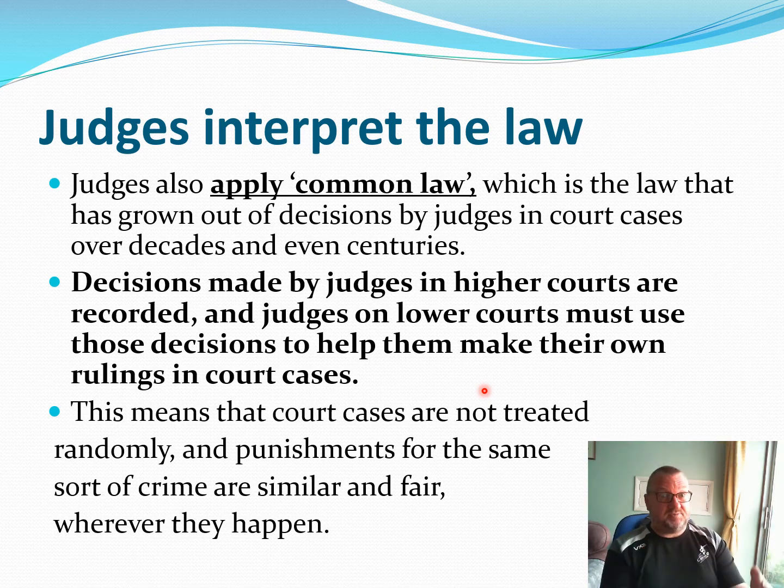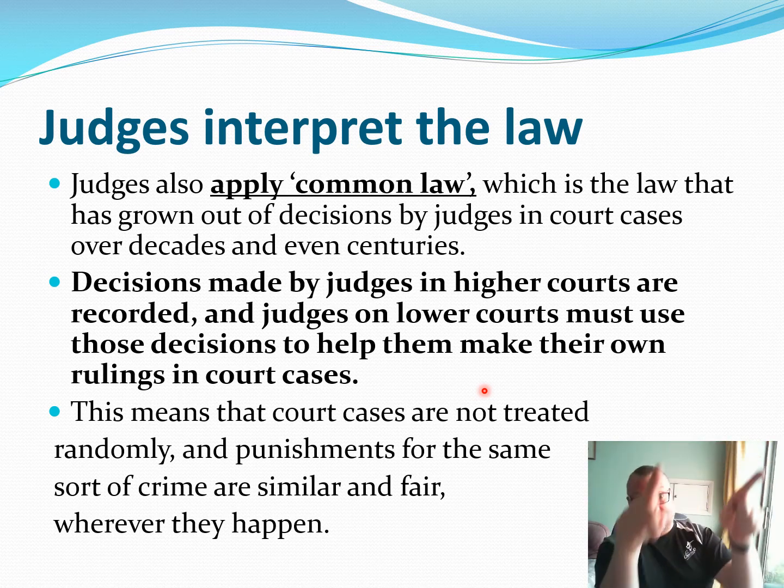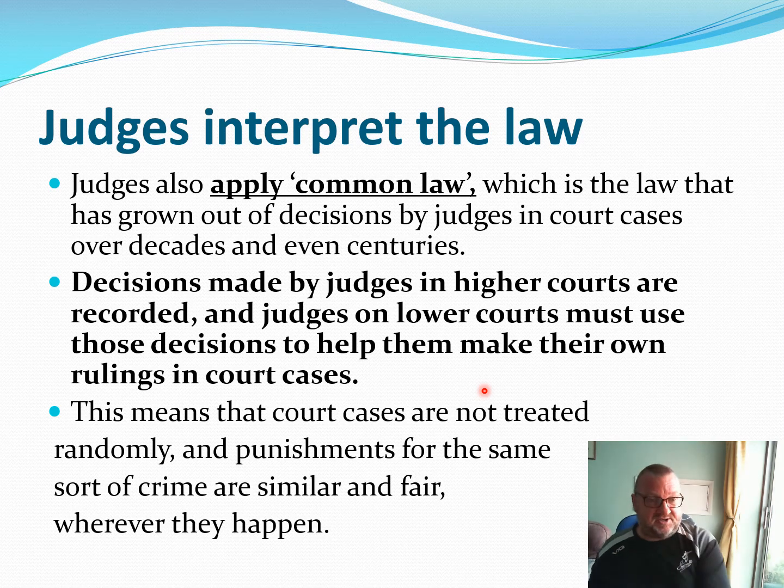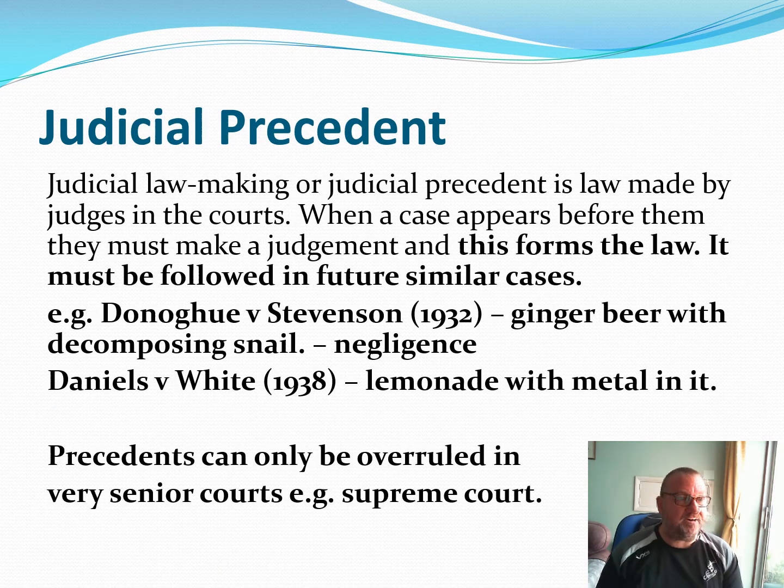We think the case we're trying at the moment is similar to this case, therefore you must do this, because the law must be the same in every single case. I hope that makes sense, okay? Because cases can't be random and punishments must be the same.